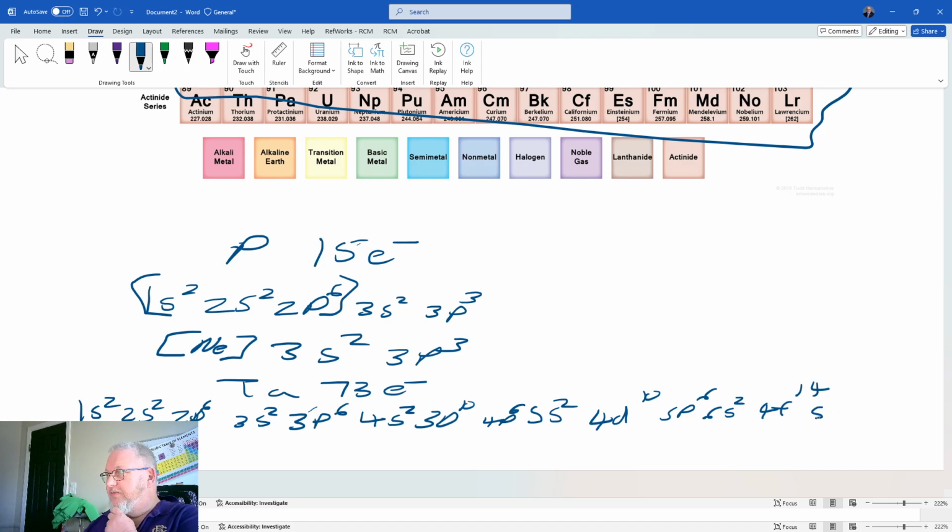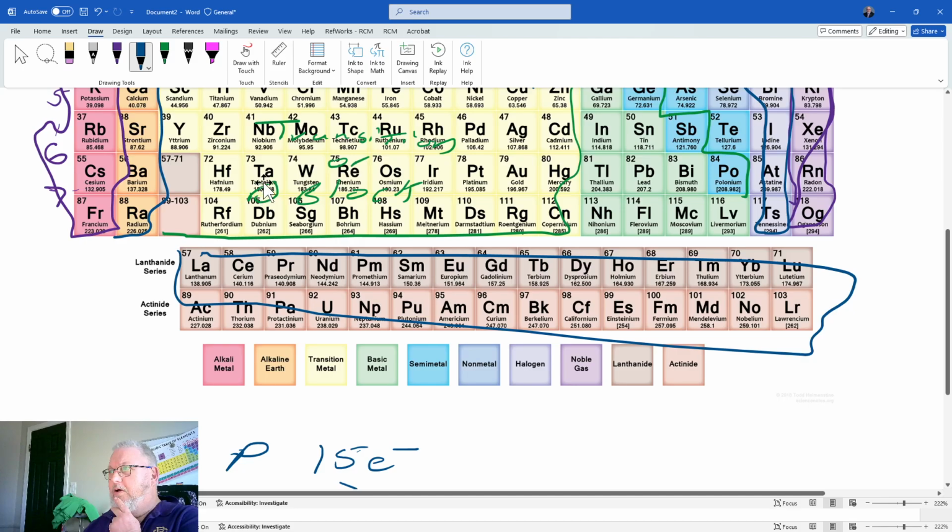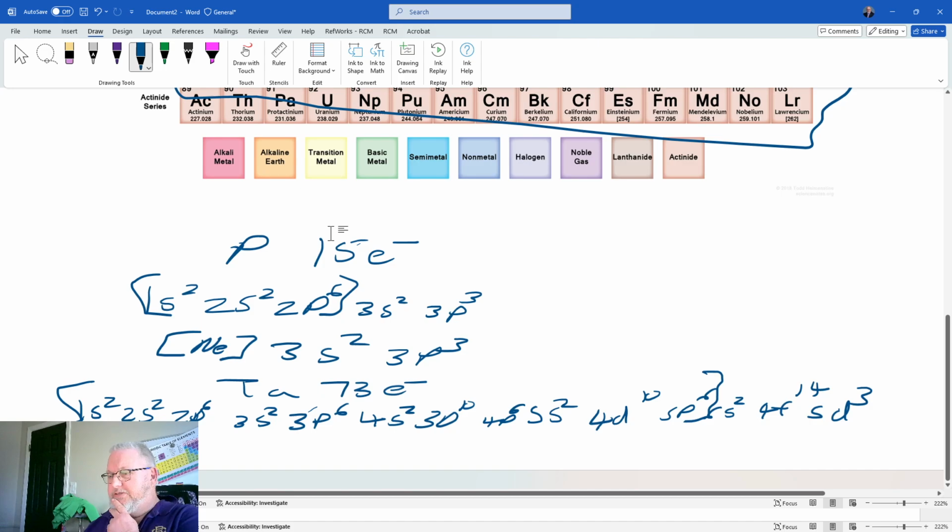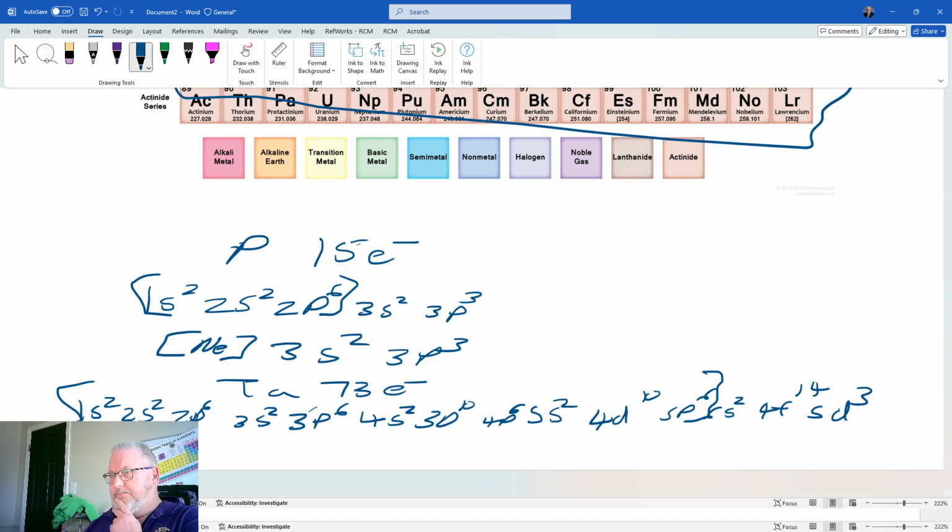No, 5d3. So if I took this and did my noble gas configuration, my shorthand, I'm going to go up to tantalum, go up one, go all the way over, and put xenon, Xe, in brackets.